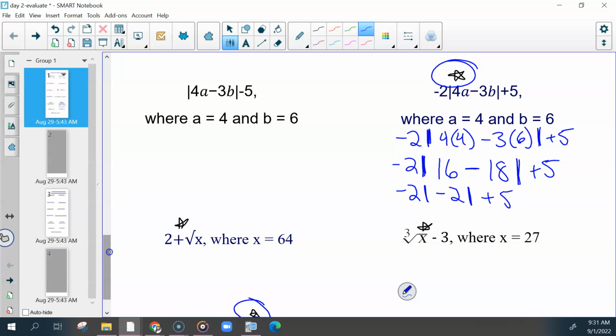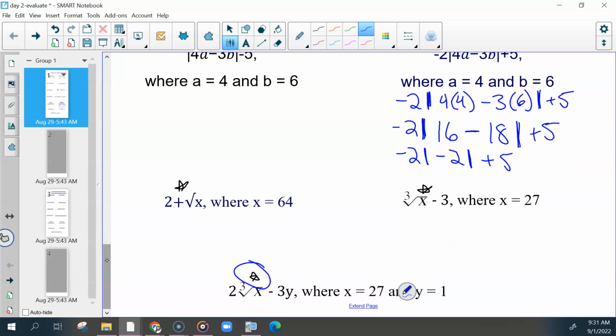No. What? Make it positive. Okay. So no other operations, but we do need to do that, yes. Because these two things are next to one another, I'm going to change these to parentheses. And then we would multiply and then add.